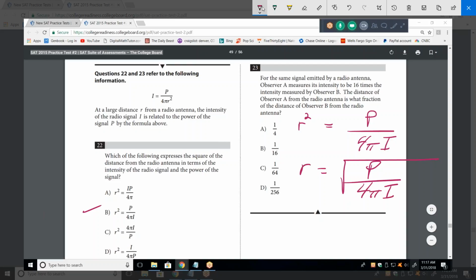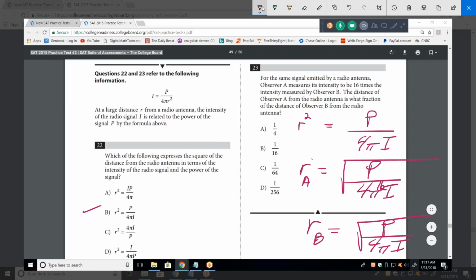Now, they say the intensity is 16 times greater for one observer than the other. So let's say observer A's intensity is 16 times that of observer B, whose distance is just P over 4 pi I. In other words, the intensity is 16 times greater.